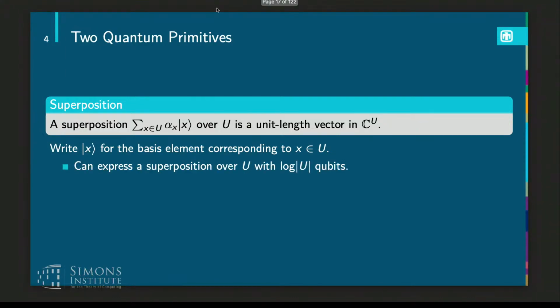And in the same way that you can represent a single element of U classically with log size of the universe classical bits, you can represent an arbitrary superposition over U with log size of the universe qubits.